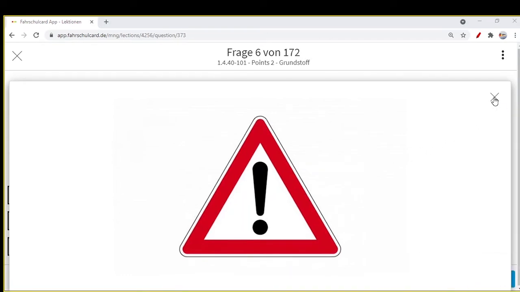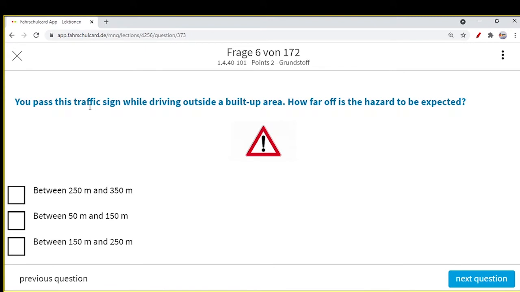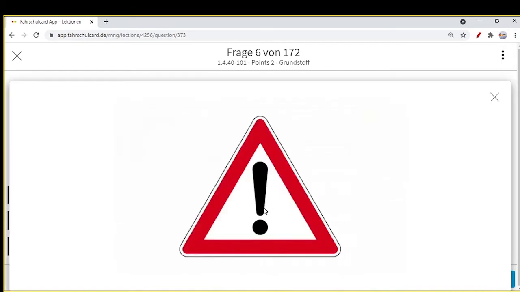So here you need to remember, there are three options: 250 to 350, 50 to 150, 150 to 250. Just see, here is a straight kind of one. Just to remember, an illogical thing, but to keep in mind, it is a 1, so the answer will start from 1.